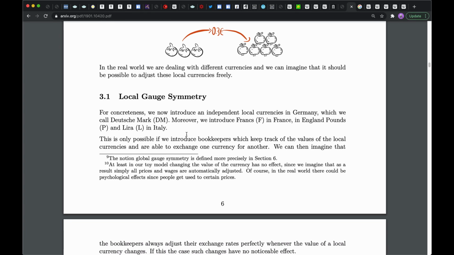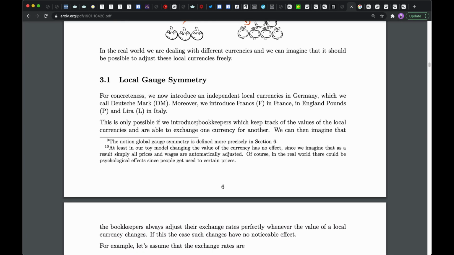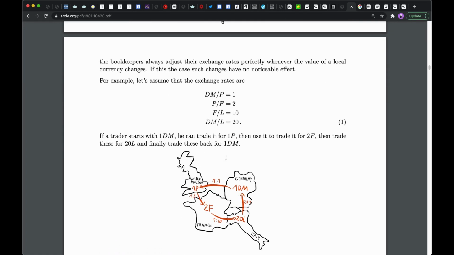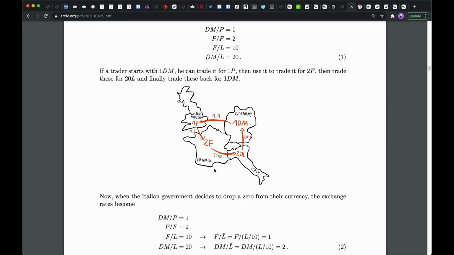So basically, we can introduce bookkeepers for the exchange rates between countries, and therefore we will obtain the situation depicted on that figure, which you can see on the screen. We can exchange Deutschmarks for pounds and pounds for francs, and just travel between the countries using our currencies.